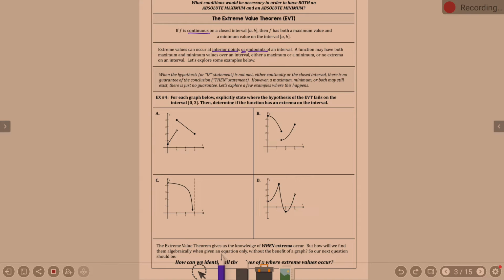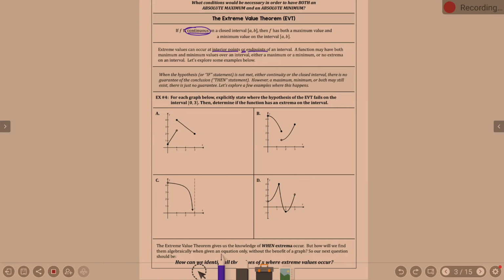What has to be true for us to be able to talk extreme value theorem? Has to be what? Continuous. What do you notice about graph A? It's not continuous, is it? Okay. So this is one where I'm going to say EVT, another abbreviation to add to your list.